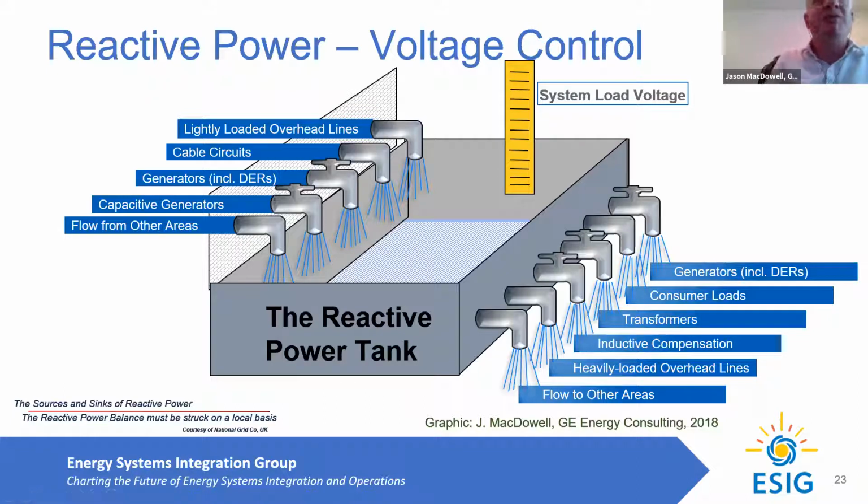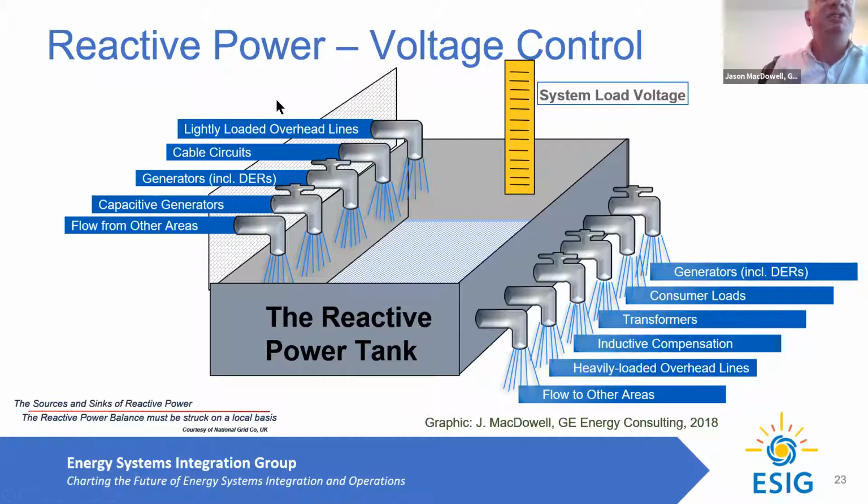So the relationship of reactive power and voltage, let's talk about that. Think of the grid as a tank, and that tank has flows of reactive power that are provided by certain sources. So generators certainly provide that reactive power capability. It's controllable. It's injected into the grid to support the voltage. There are other sources like lightly loaded overhead lines, cable circuits, capacitive compensation in the grid, and flows of reactive power from other areas to the grid that you're talking about or looking at.